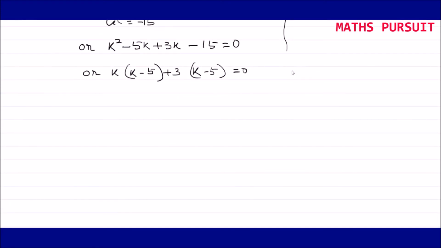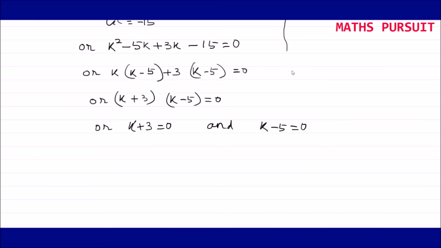Now the equation that we get is k plus 3 into k minus 5 is equal to 0. This equation I can put in two ways: k plus 3 is equal to 0, and the other one is k minus 5 is equal to 0.